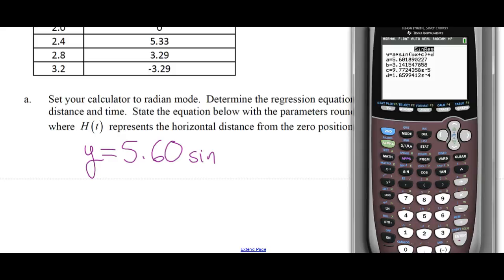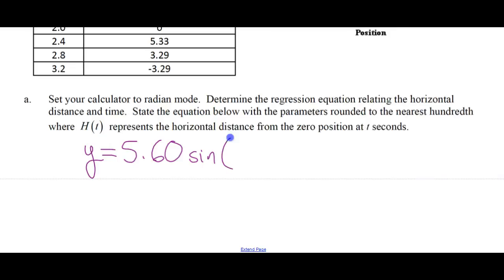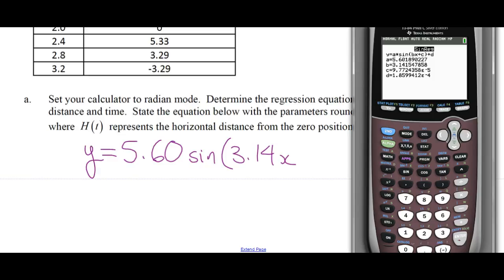So we go bracket 3.1415. I'm going to go with a pi. Well, let's see. We'll go with 3.14, we'll do that as rounded. So 3.14x, plus c, plus 9.77 times 10 to the negative 5.